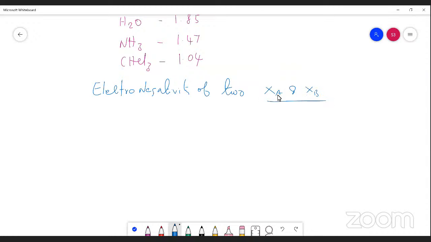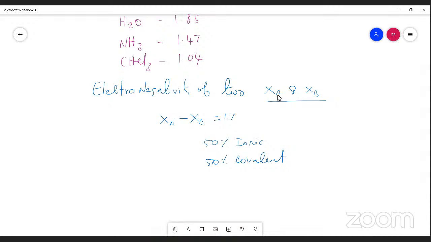Here, in the bond A-B, if the electronegativity difference between atoms A and B is equal to 1.7, it means 50% ionic character and 50% covalent character. When a molecule has an electronegativity difference between atoms A and B equal to 1.7, those molecules possess 50% ionic character and 50% covalent character.